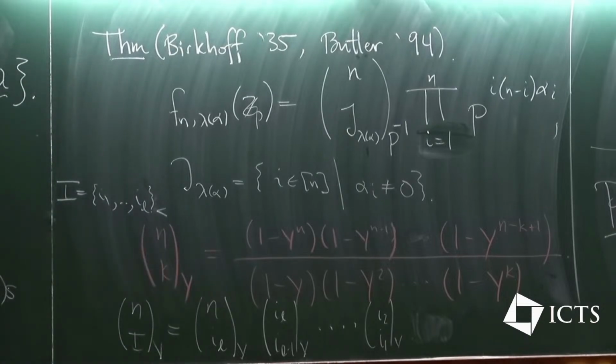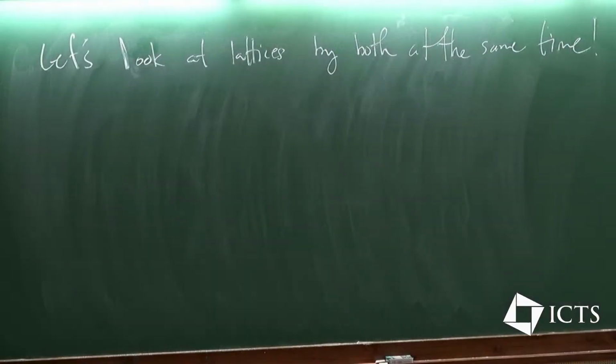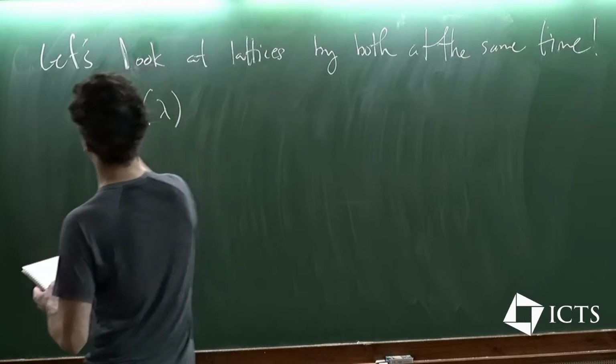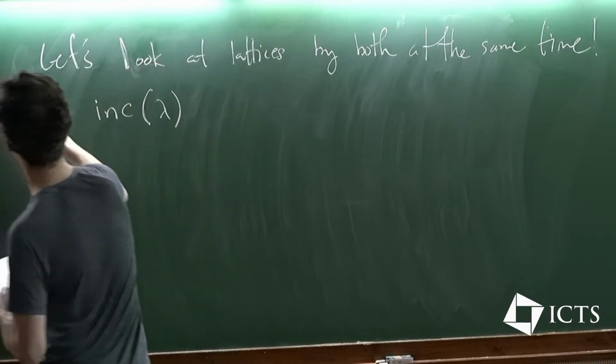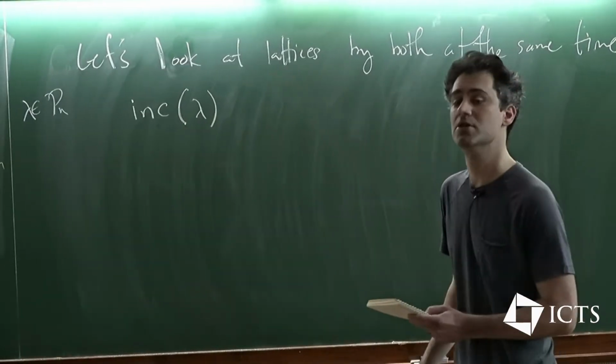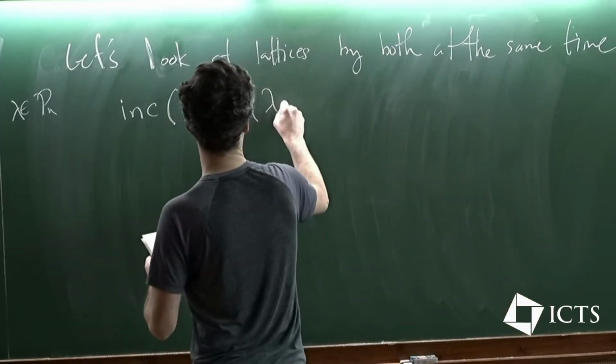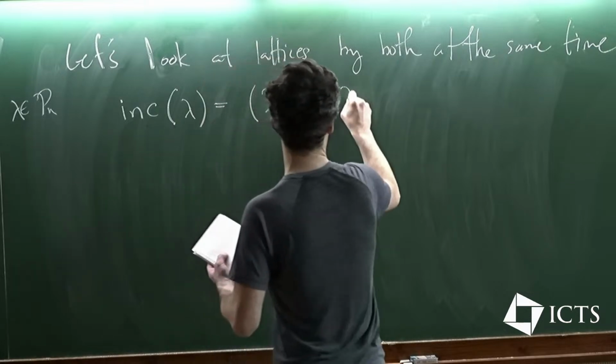Okay. Oh, here we are, over here. I wanted to define one bit of notation before I get to writing this. Lambda is still a partition. Inc for increment, I want this to be the associated composition, if you like.